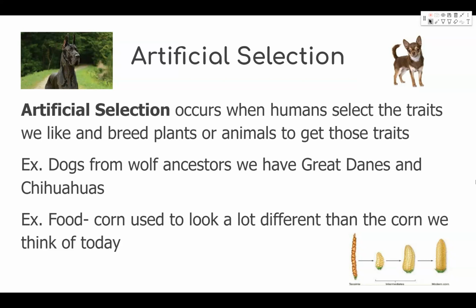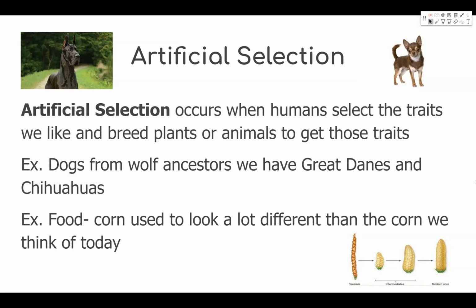So humans kind of hacked this system pretty early. We figured out that if we had traits that we liked in an animal or a plant, we could breed only the ones that had those traits we liked, and that would give us animals or plants more suited to what we need.